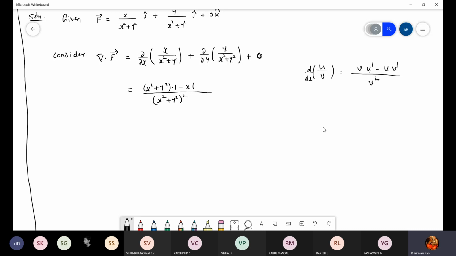What is the differentiation of the denominator? 2x. Very good. It is 2x plus 0 because partially with respect to x, the differentiation of y square is 0. That we will not write. This is the differentiation of the first term.